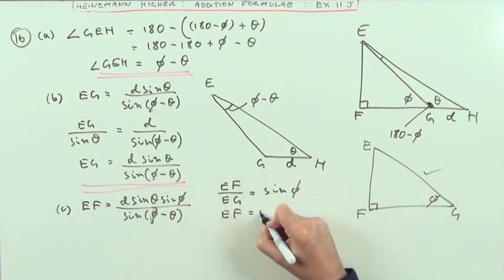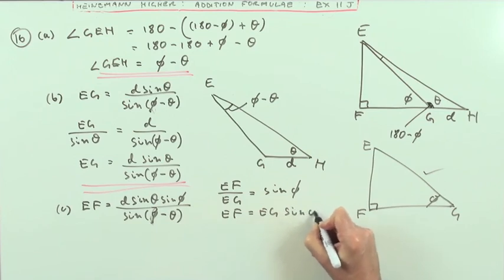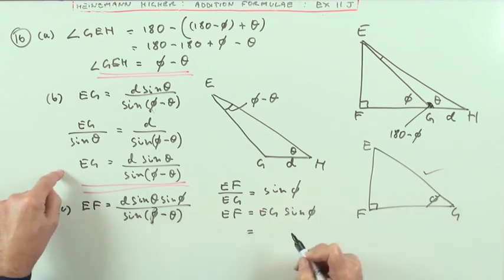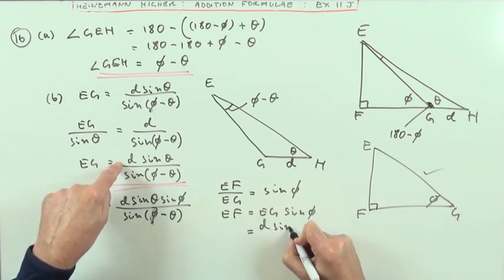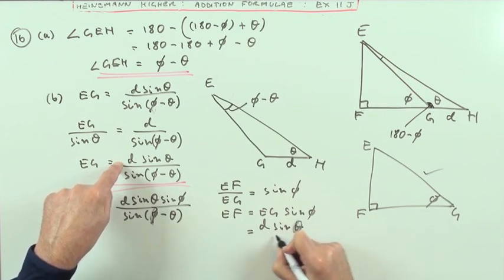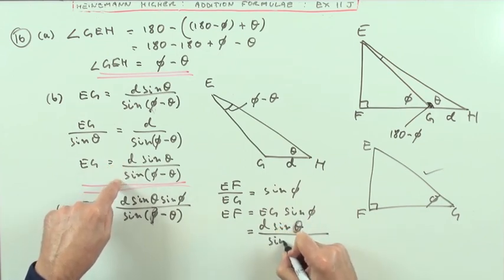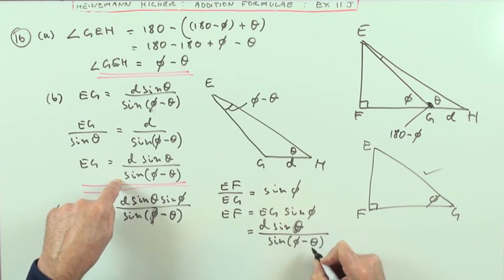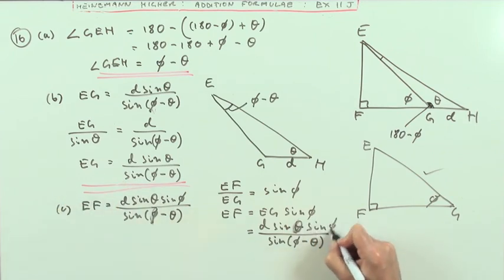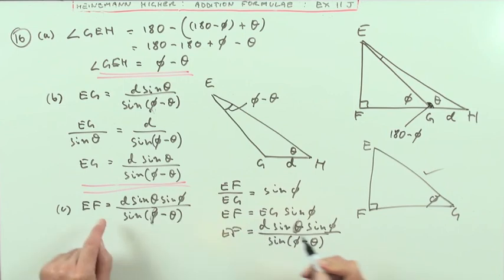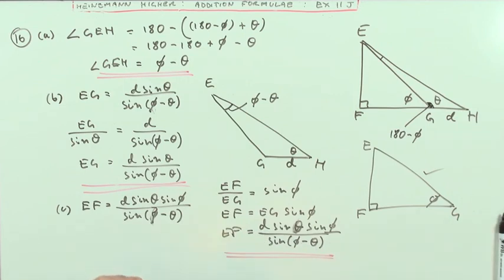So EF should be EG sine phi. Already worked out EG, that was D sine theta over sine (phi minus theta). Multiply that by sine phi, and there you are. That's it done. There's question 16.